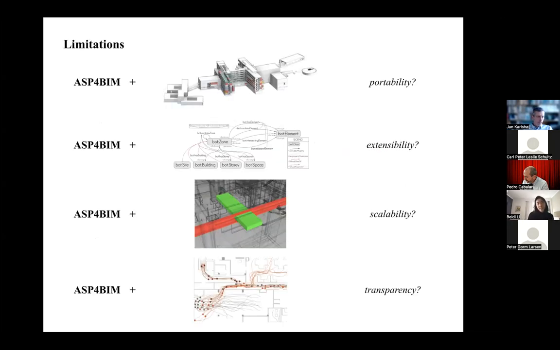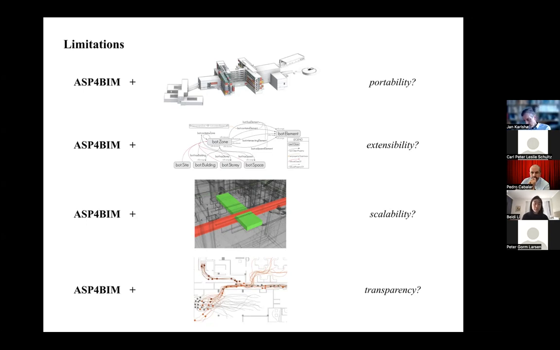But ASP4BIM has many limitations because it's a prototype software system, so it has not been widely used by practitioners in the industry. It still requires a lot of further studies evaluating ASP4BIM in terms of, for example, portability when combined with other design and planning tools, or extensibility when ASP4BIM takes existing ontology languages or semantic web or linked data, and how that changes its behavior.